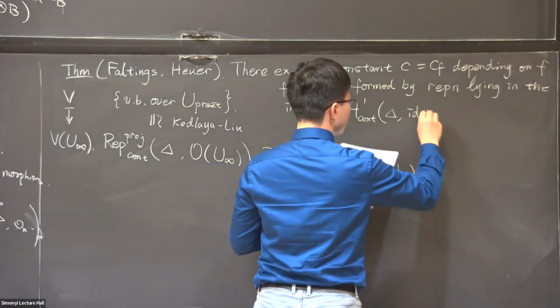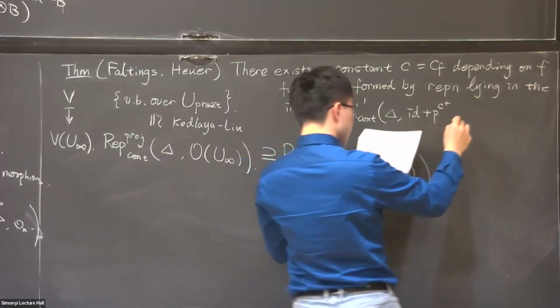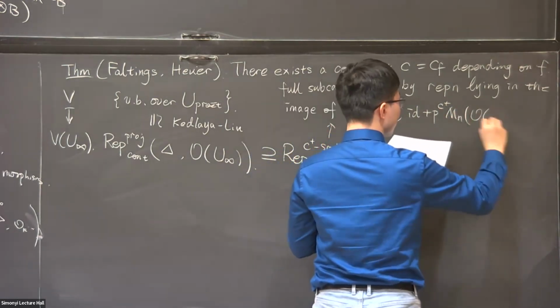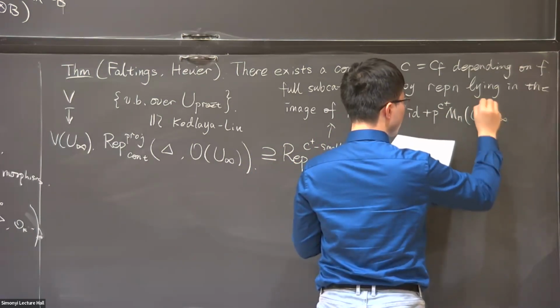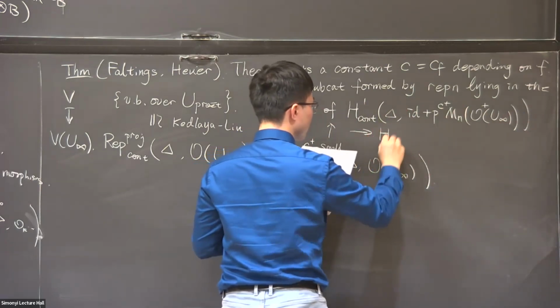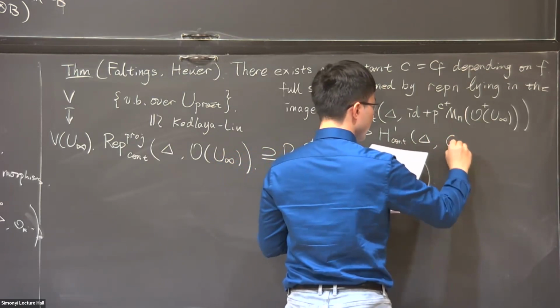You consider the identity plus p to the c plus, and you times this O plus, to the continuous cohomology of Delta with GL_n.